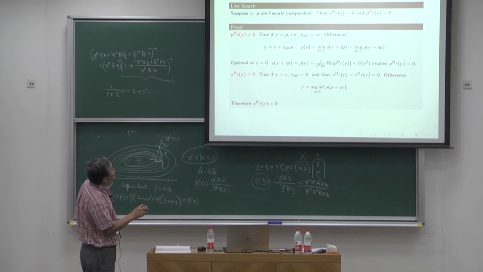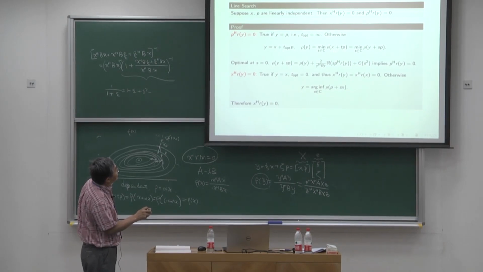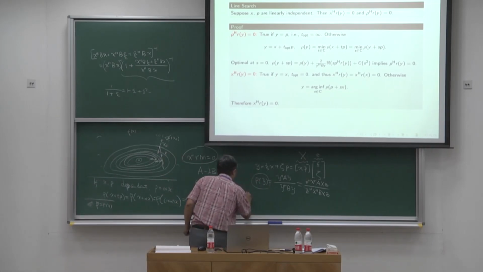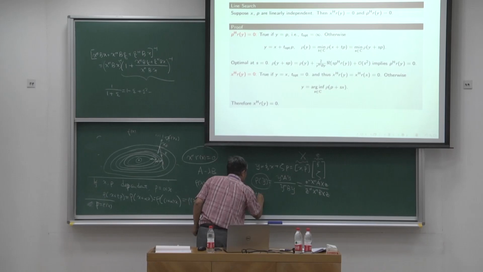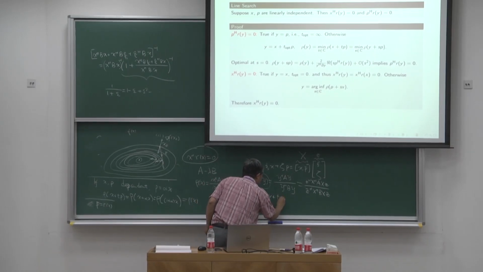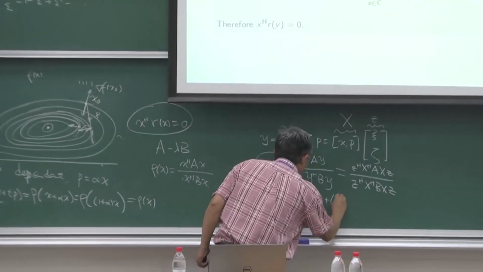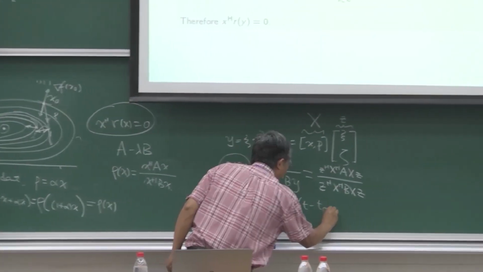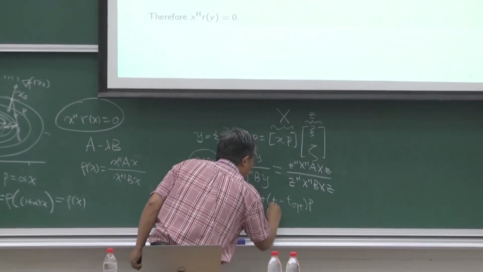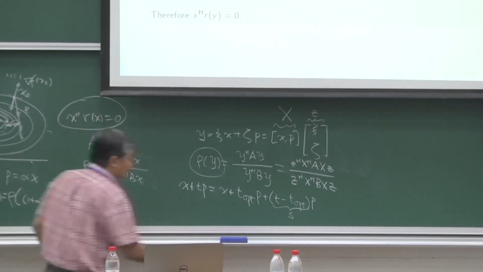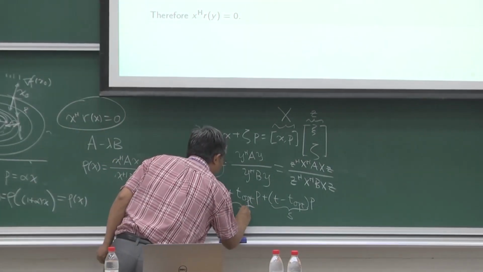So we're going to look at rho y, as defined, and because we can always shift, x plus tp, we can always write x plus t optimal p plus t minus t optimal p. You call this another variable s, and this would be y.